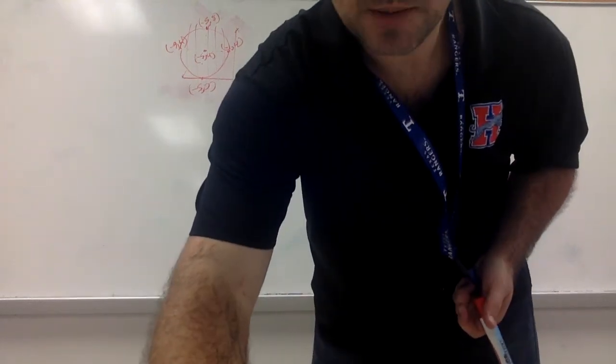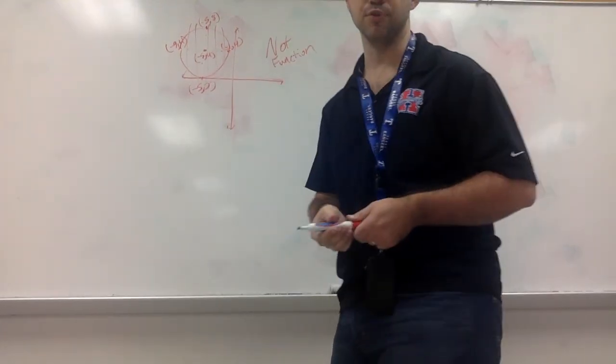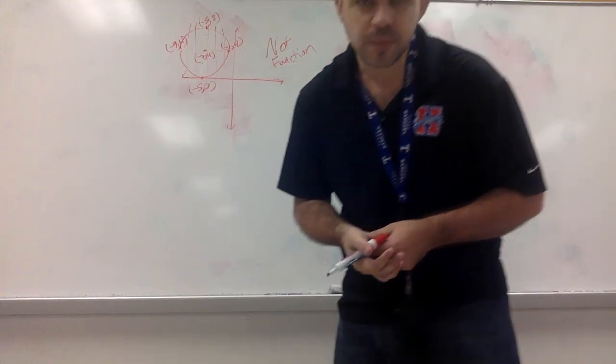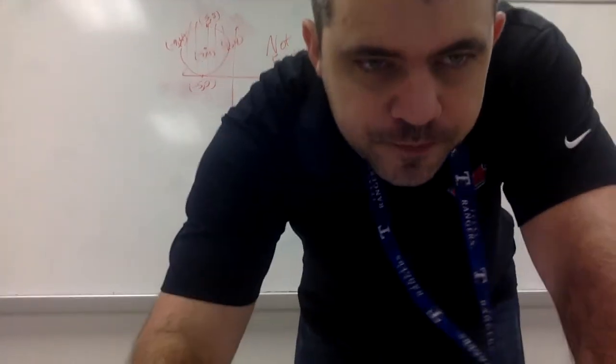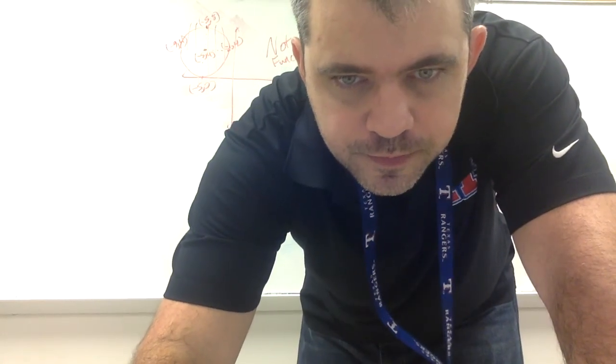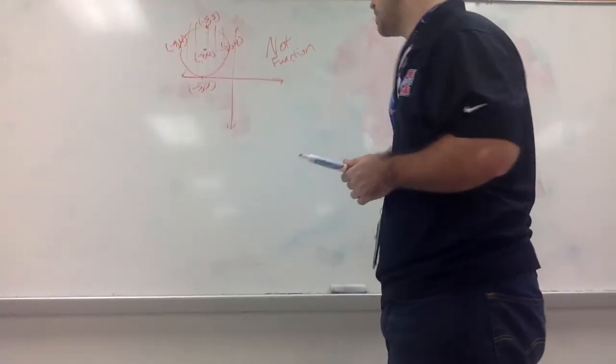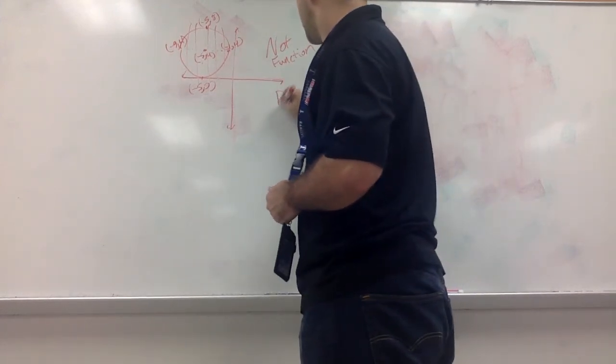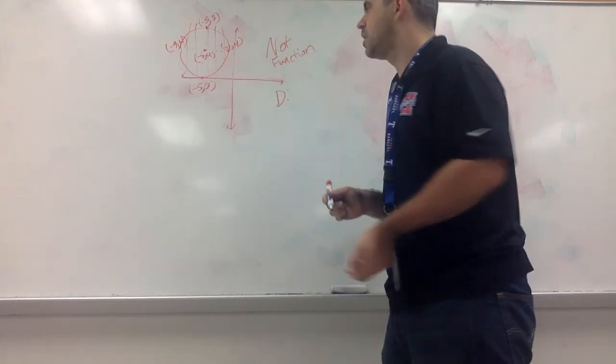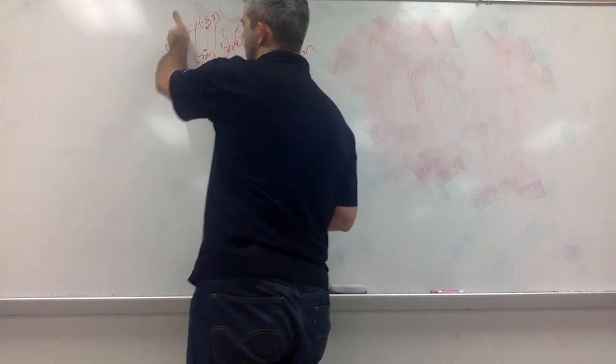All right, I believe the next thing it's going to ask is to prove it. No, it's asking us for domain and range. Okay, so our domain is all of our possible x's. Well, how far to the left can we go?